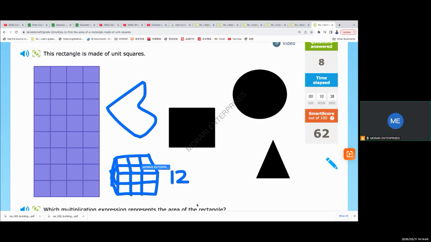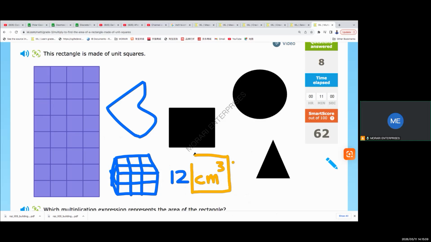So the volume, and this time not area, the volume will be 12. If the cubes are of size centimeter, it will be 12 centimeter cubes. So you see, when you say centimeter cube, it has a real physical meaning.